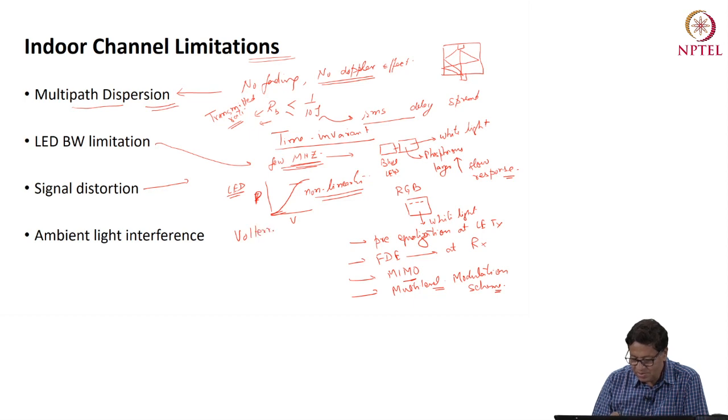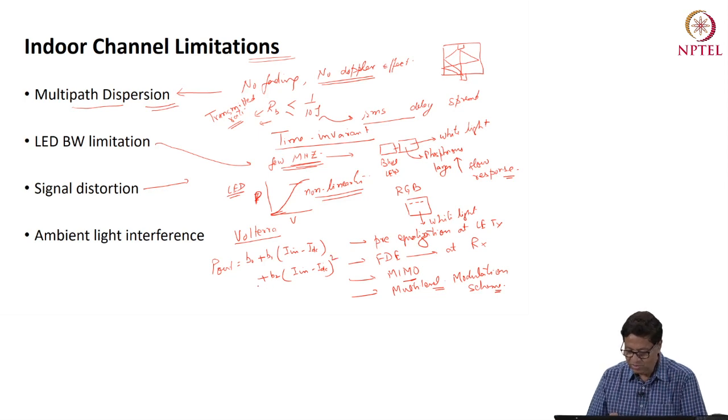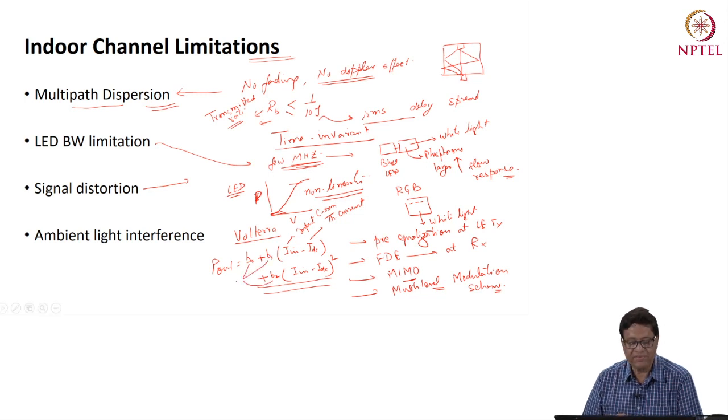If I use this kind of modeling, my power output of the LED is B0 plus B1 (In minus IDC) plus B2 (In minus IDC) whole square, where IDC is the threshold current, In is the input current, and the Bi's are the polynomial coefficients.